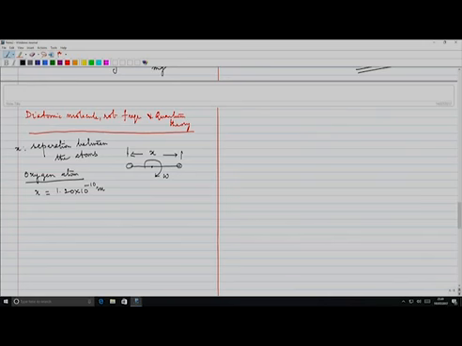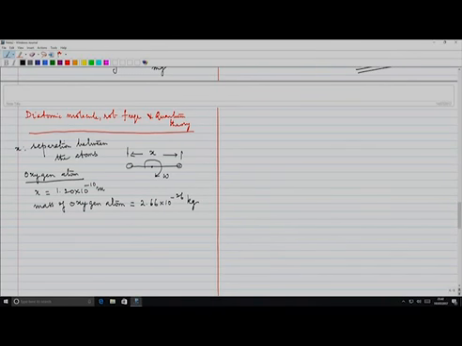And the mass of the oxygen atom is equal to 2.66 times 10 to the power of minus 26 kilograms. This data is also given.